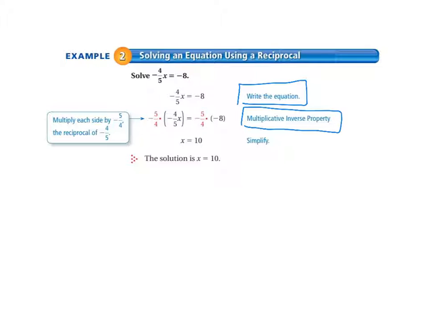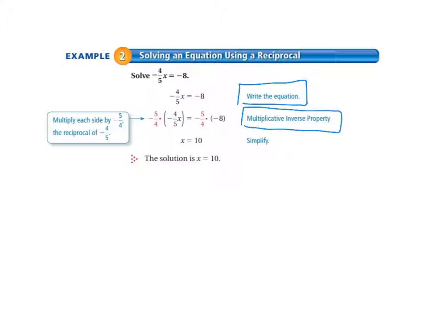Well, that means you're multiplying both sides by negative 5/4. So it's exactly what you know about dividing fractions, which is you multiply by the reciprocal. So we multiply both sides by negative 5/4.